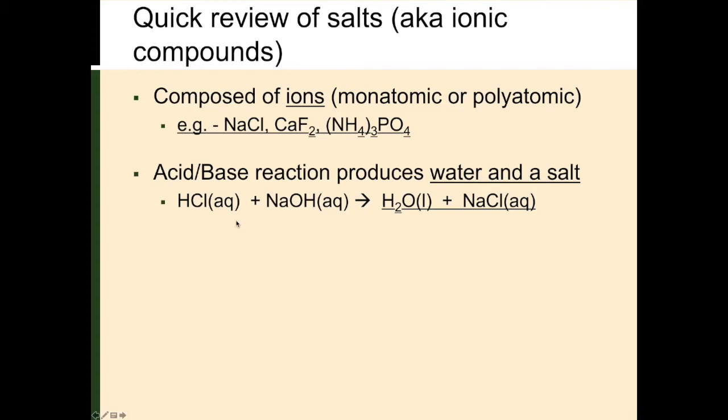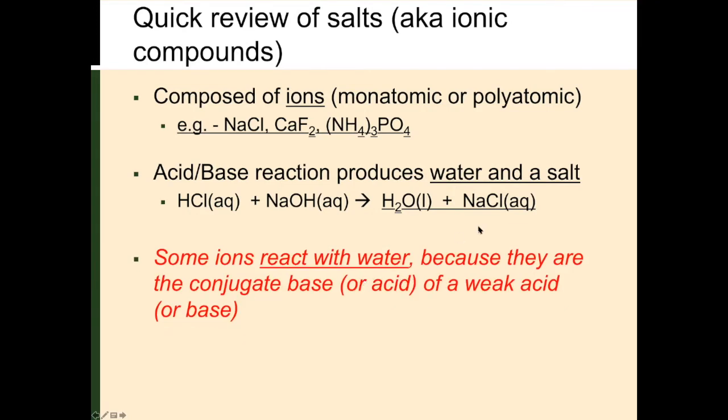So for example, let's say that I have this acid, hydrochloric acid, reacting with this base, sodium hydroxide. Well, the hydrogen from the acid and the hydroxide from the base combine to form the water, and then the ions that are left over form the salt. So in this case, we've got the chloride left over here and the sodium ion left over here, and they come together to form sodium chloride, the salt.